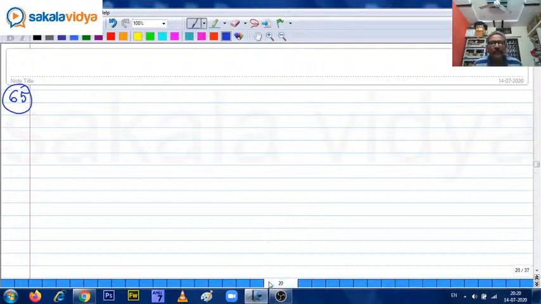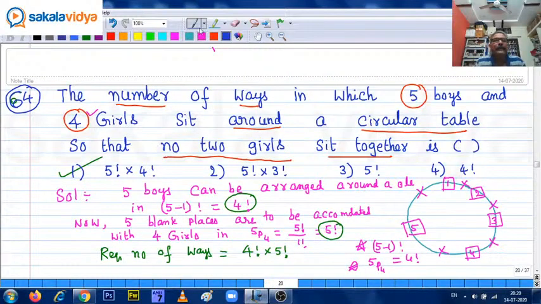Here see, 5p4 means, here how many blank places? You check it now here. 1, 2, 3, 4, 5 blank places. Because no 2 girls come together: boy, girl, boy, girl, boy, girl. These cross places mean blank places. These 5 blank places should be filled with 4 girls.